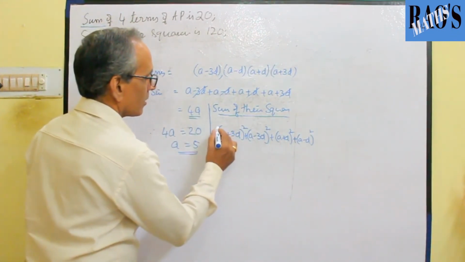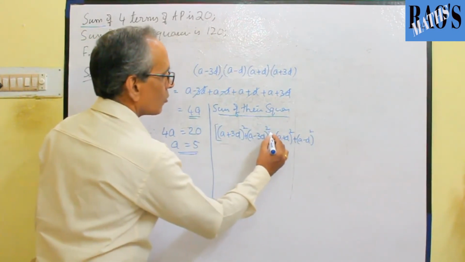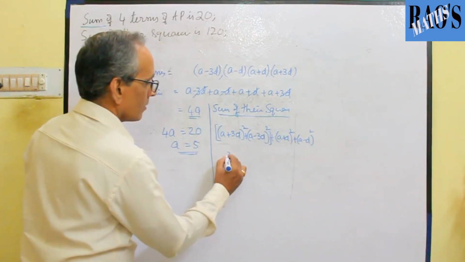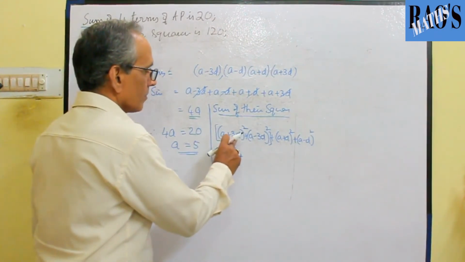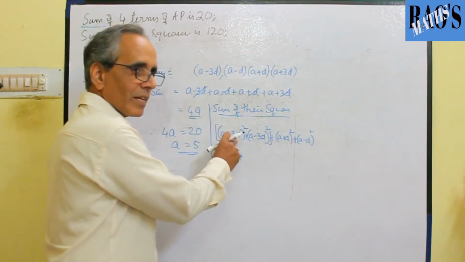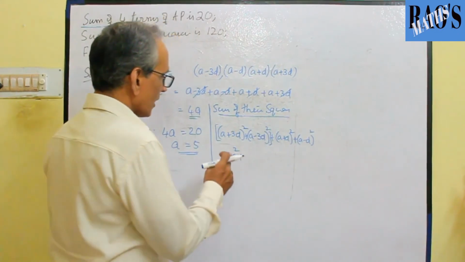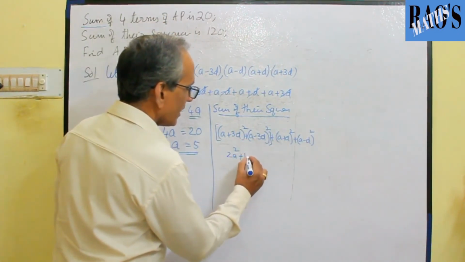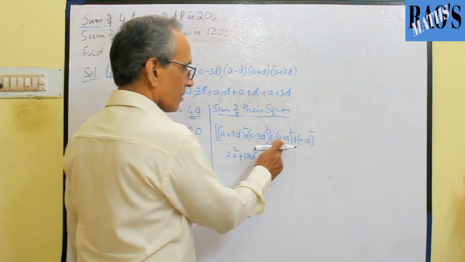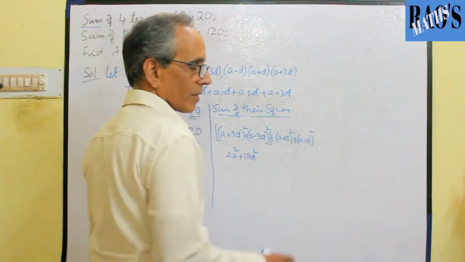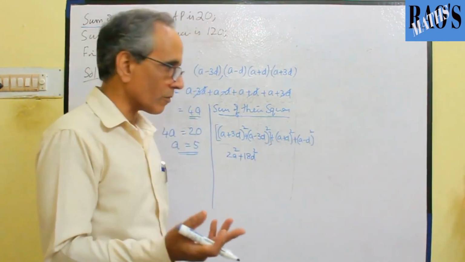So the sum of these two is 2A square plus, what is B? 3D. 3D square is 9D square. 2 times 9D square is 18D square. And here this is also A plus B whole square plus A minus B whole square, which is 2A square plus 2B square.